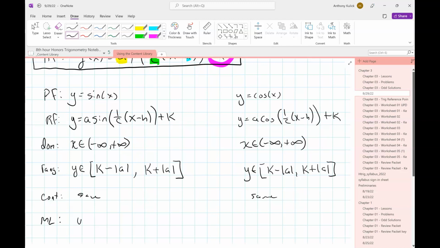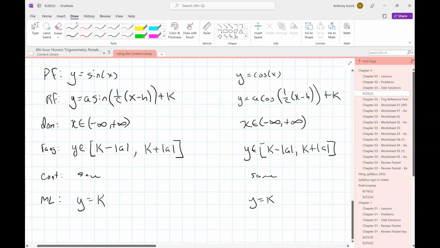So the midline was y equals 0. Now it's going to change to y equals k, since k is an additive operation. It's plus k in the function, so it'll just be 0 plus k. Everybody's good with that?